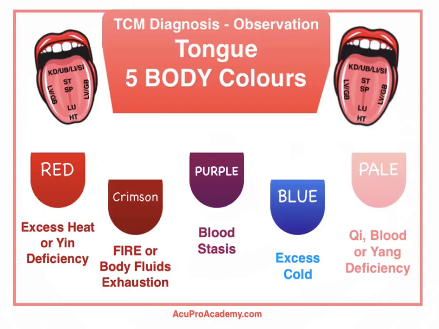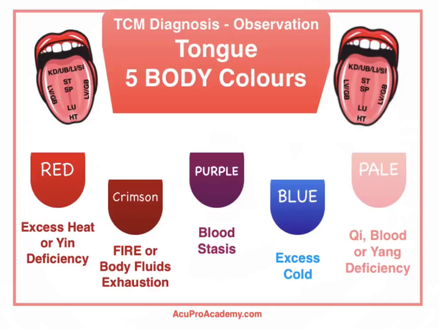How do we know the difference? If it is excess heat, we would have a yellow coat on the tongue. If it was yin deficiency, we would have no coat on the tongue and it probably would have some kind of crack or dryness.